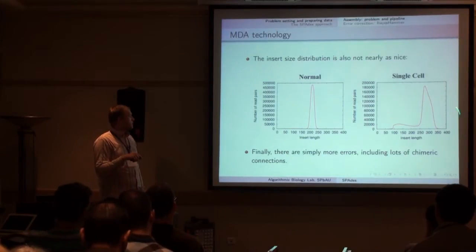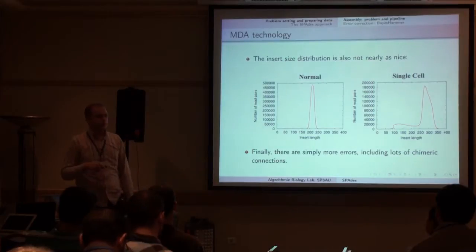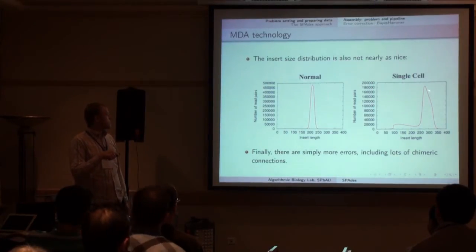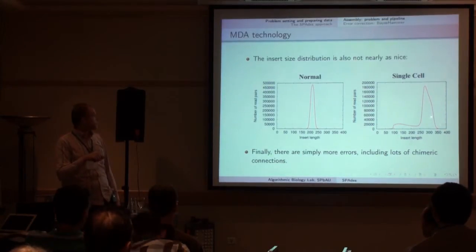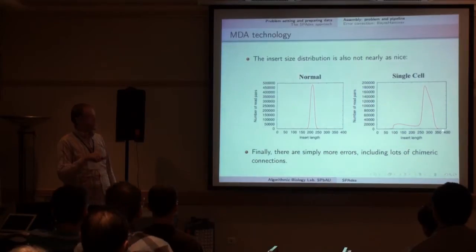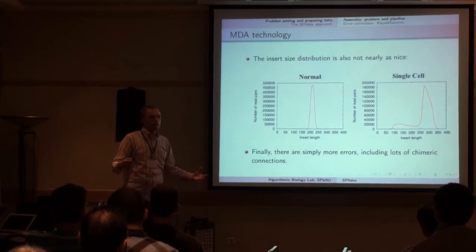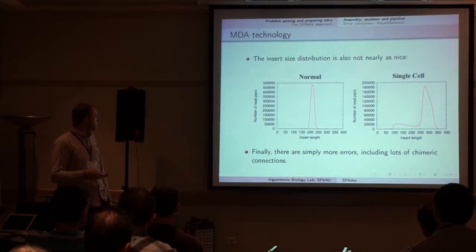In single cell sequencing, this problem gets a bit more complicated. At least in our data sets, what you have is kind of a bimodal distribution. Of course, there is a peak where it is supposed to be, but the variance is much larger, and the insert size variations are much more complicated.